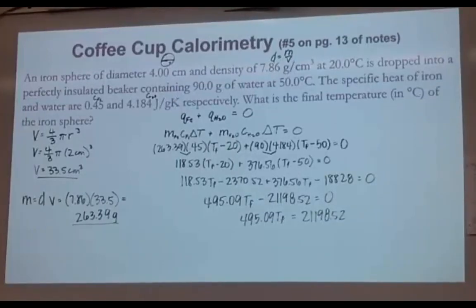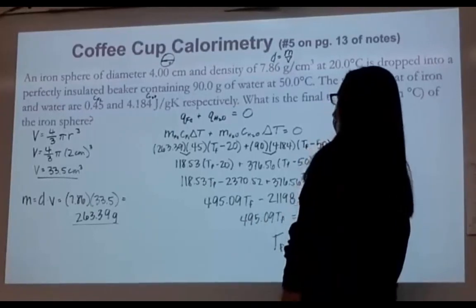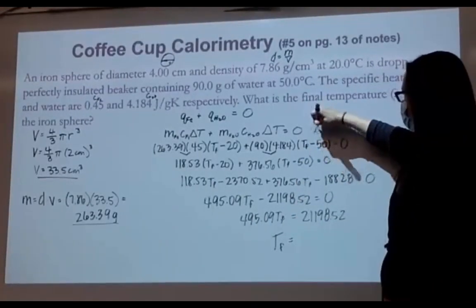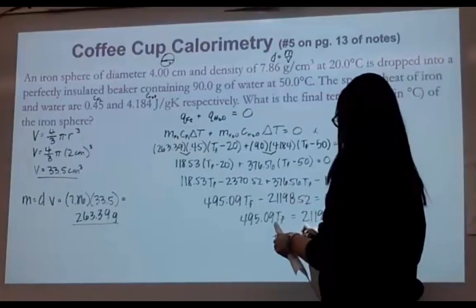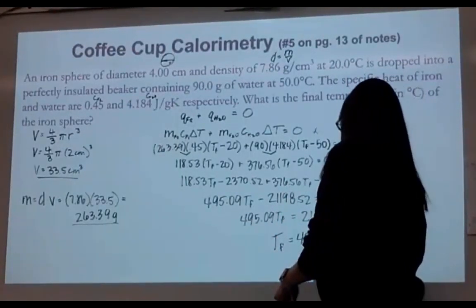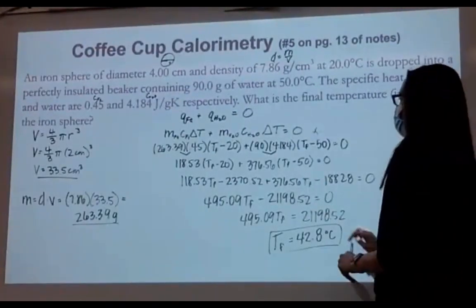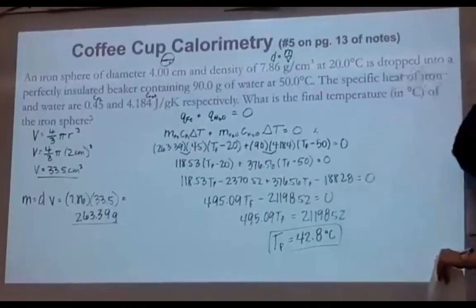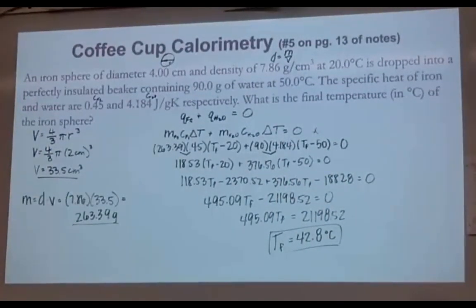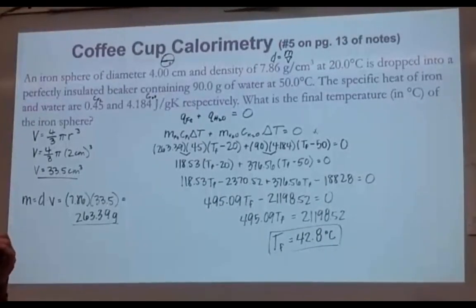And then I can divide to find TF. So once you had it set up here, it just became a huge algebra problem. When you solve for TF, 42.8 degrees Celsius. So this is just using the idea that TF is the same for both. Solving for TF is probably one of the most complicated problems, only because it's lots and lots and lots of algebra.